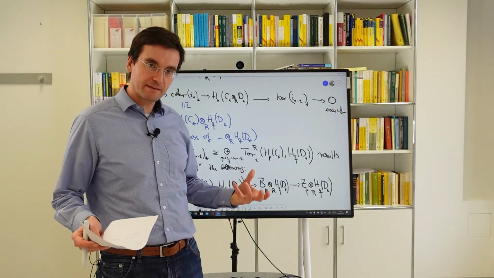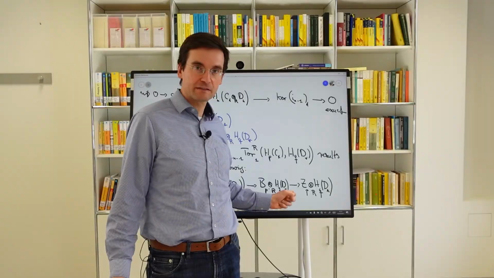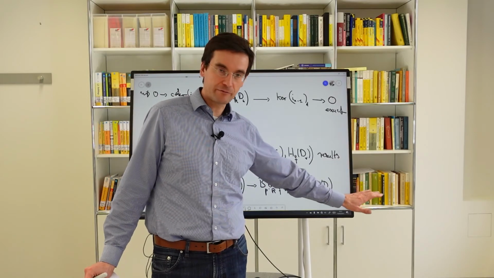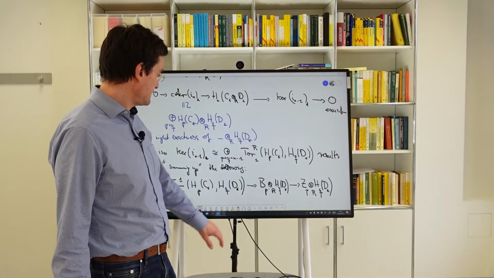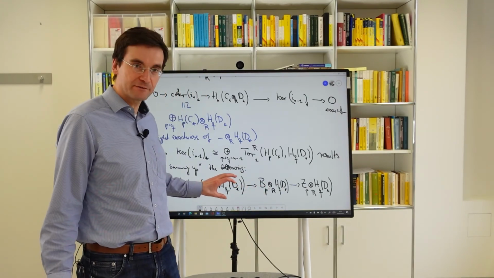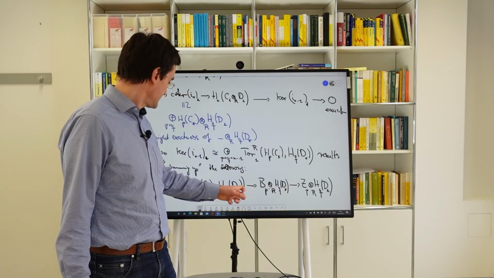But that's a short exact sequence you start with. Then you tensor that short exact sequence with HQ D star. As we know, it won't stay exact. It will stay exact on the right-hand side, but it will not stay exact on the left-hand side, but the correction term on the left-hand side by the long exact sequence for the Tor terms is this Tor term.